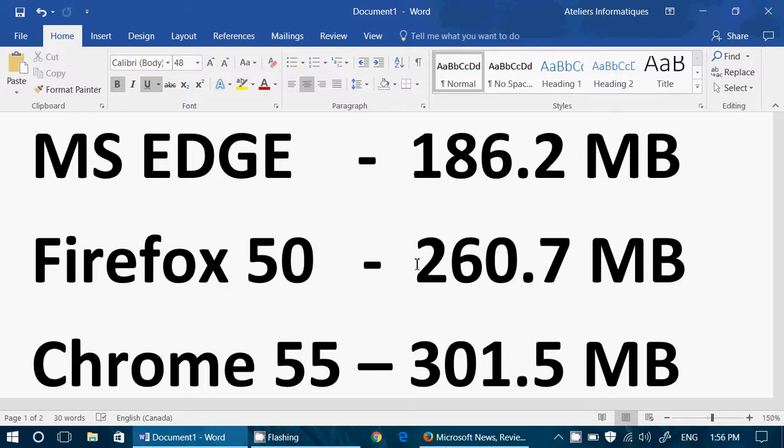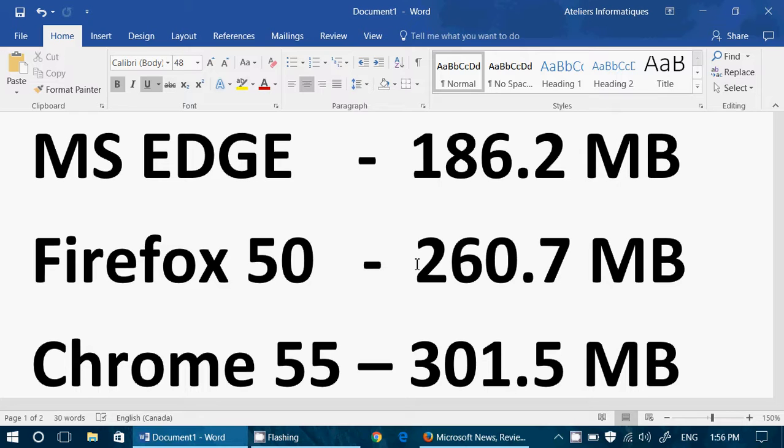So very interesting here. With Chrome 55, we know that Chrome for a long time has been kind of a memory hog, and it seems that it's still using a lot of RAM on version 55 to work, and it is claiming the most RAM usage, basically.